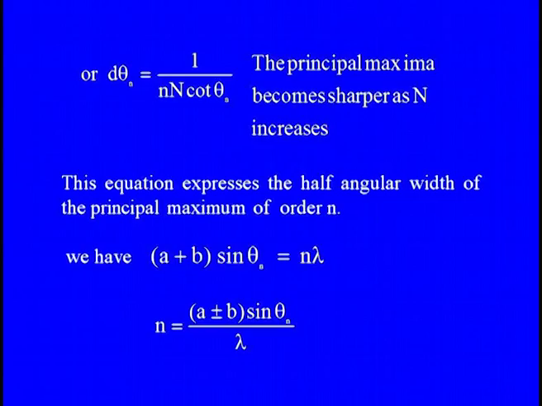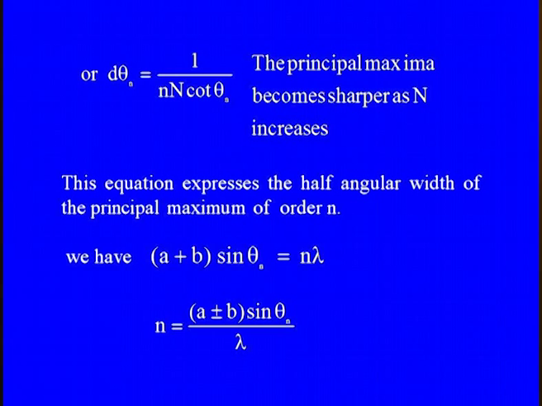This equation expresses the half angular width of the principal maximum of order n. We have (a + b) sin θn = nλ.